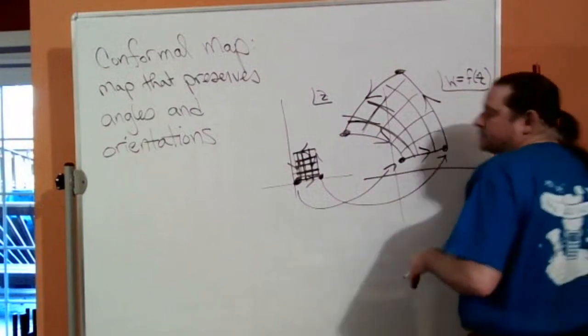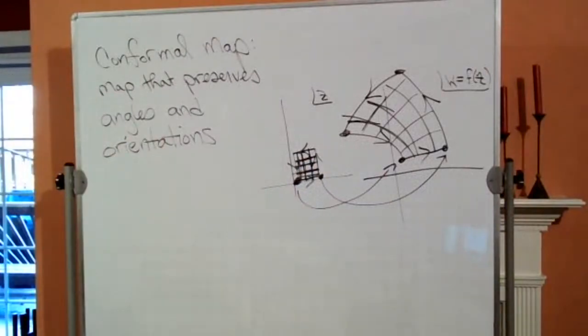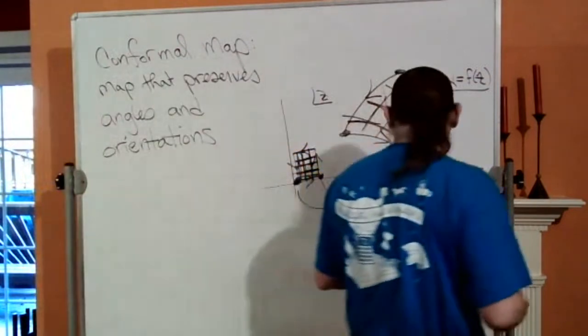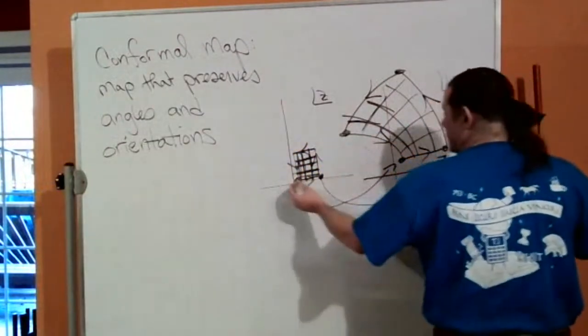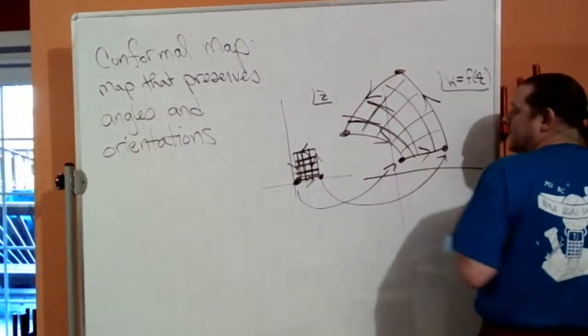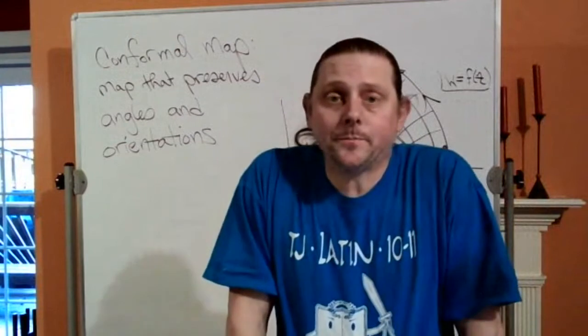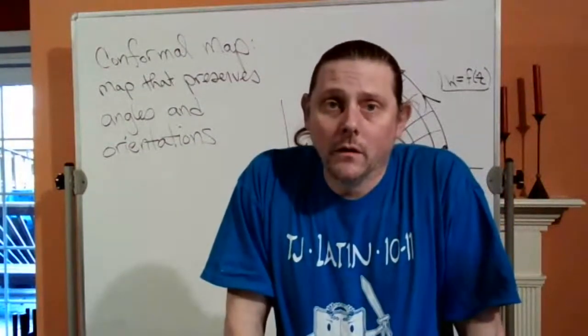That is proper. That would maintain orientation. But if I mapped the other way, if this point mapped there and that one mapped there, the orientation would not have been preserved. Okay?